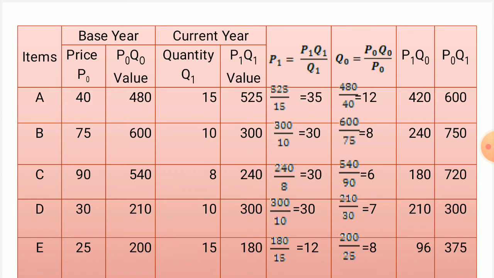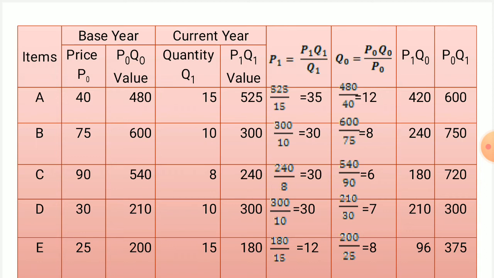Then compute P1 Q0. So P1 Q0: 35 into 12 is 420, 30 into 8 is 240, 30 into 6 is 180, 30 into 7 is 210, 12 into 8 is 96.